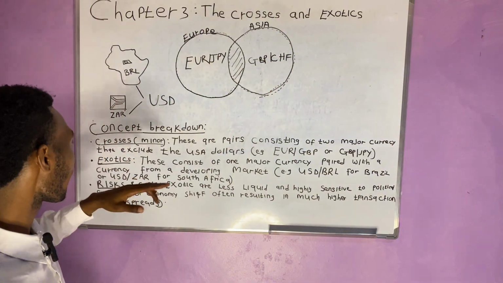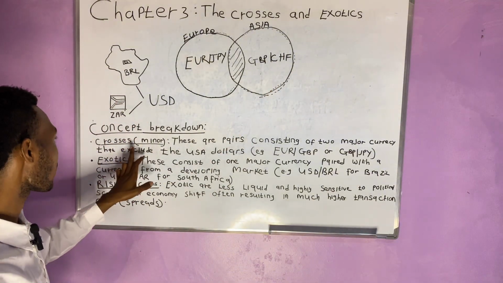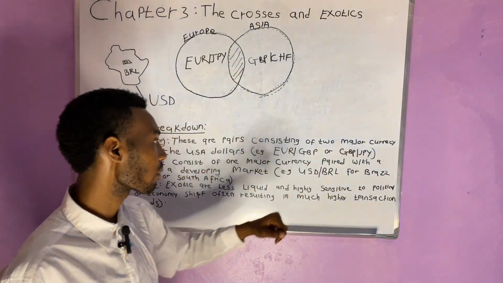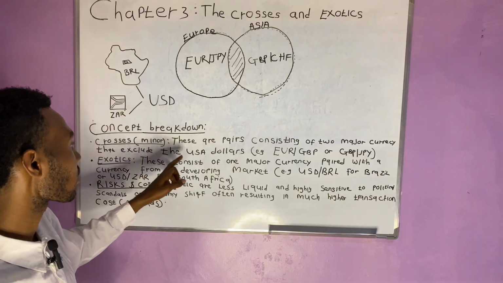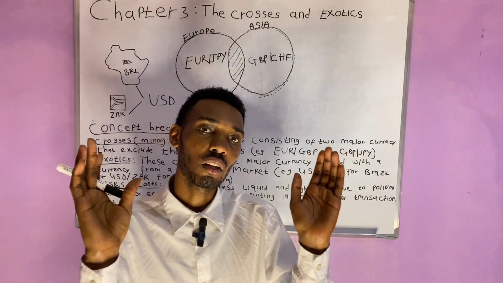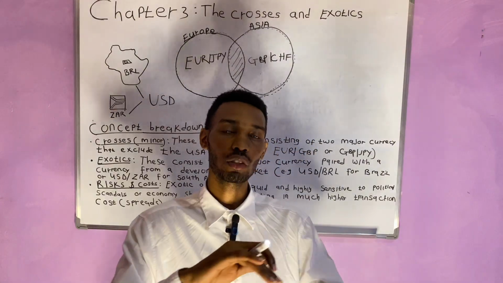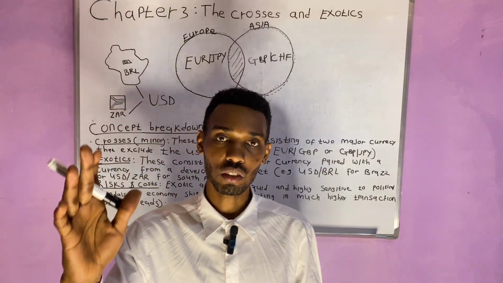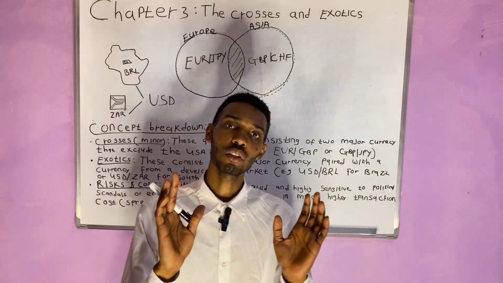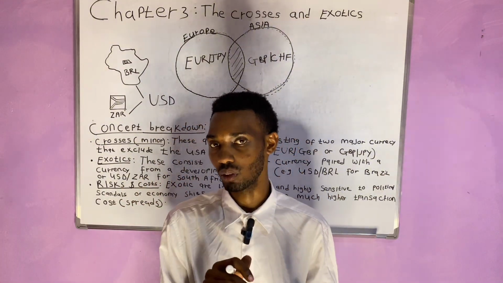Now, let us look at this. Crosses, the minors, are pairs consisting of two major currencies that exclude the USD. We said the minors are those currencies that do not include the US dollar at all.